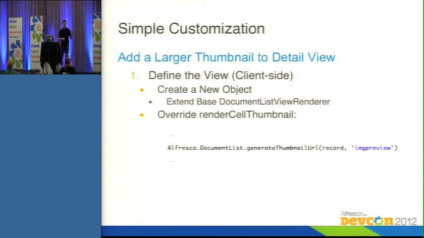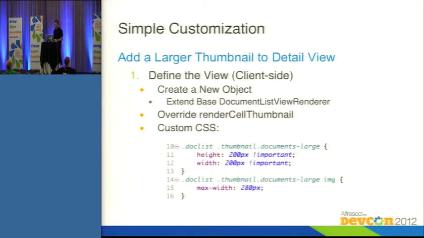So just a note there on specifics, if anybody's curious, the doclib has a max width or height of 100 pixels, and the image preview, depending on the version of Alfresco that you're dealing with, will either be 480 or more recently 960 max height or width. That would be a bit big for us here, so we need to add that custom CSS.